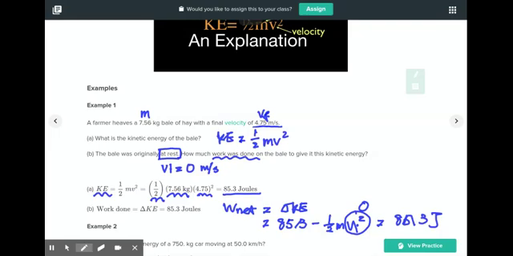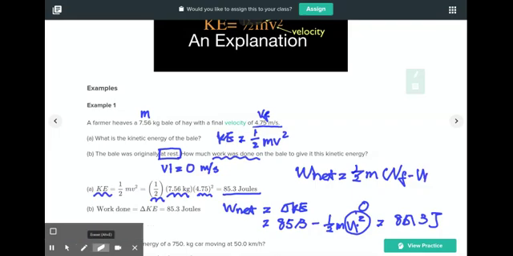Or you can think about the W net as equal to half m times parentheses V final squared minus V initial squared. Oh, this pen is killing me.